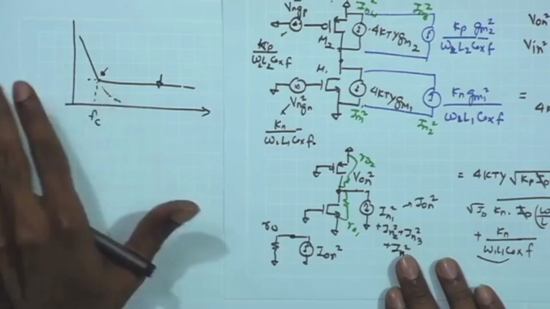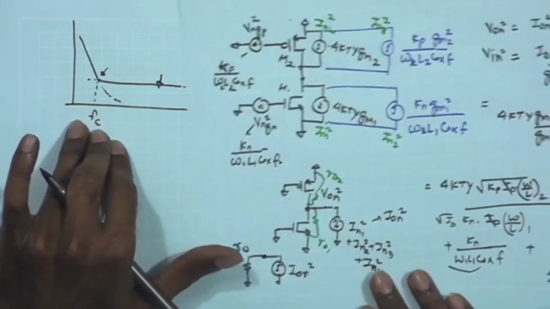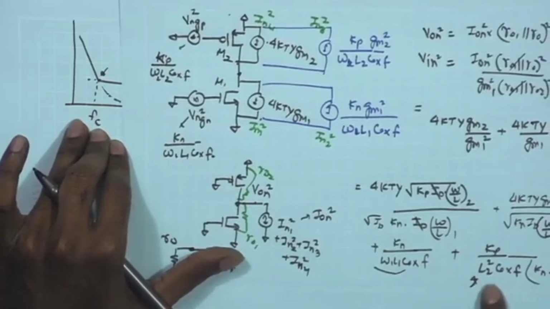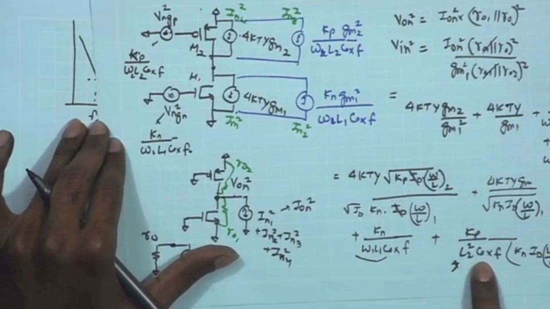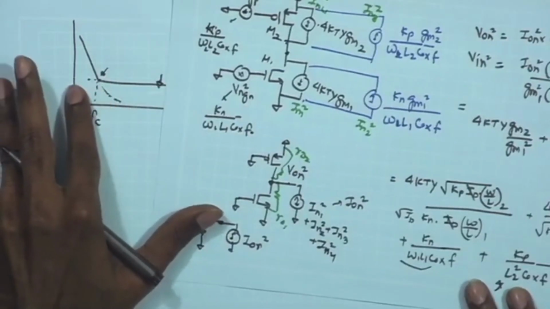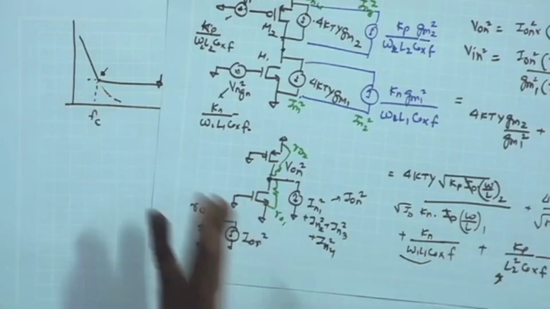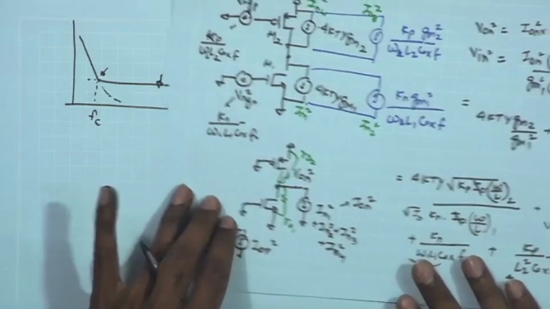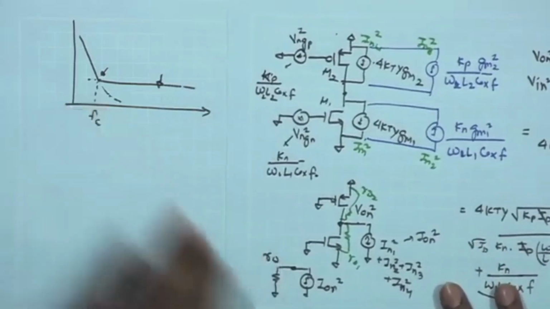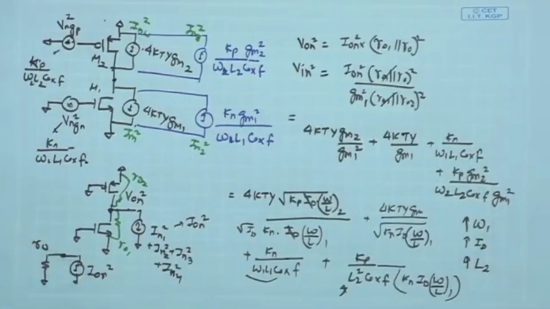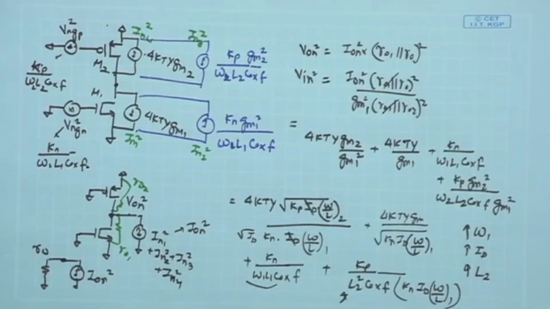Below 10 hertz it will require a lot of bias current, or impractically large sizes of this W by L, to push the Fc below, say, 10 hertz. Therefore, if your signal content is below 10 hertz, then we need to take care of some other schemes to mitigate the effect of this 1 upon f noise, such as the chopping frequency and other schemes which can be applied.